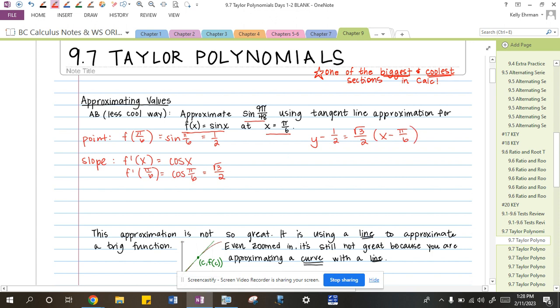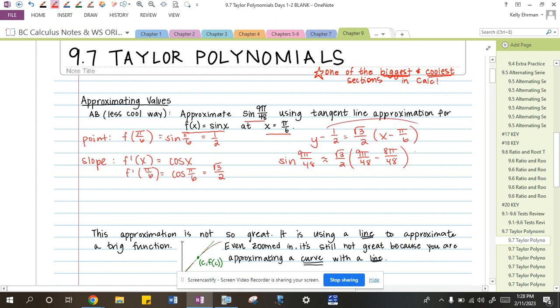And so if we wanted to approximate the sine of 9 pi over 48, we could plug that into this equation. Radical 3 over 2 times, let's make this 9 pi over 48, and then instead of minus pi over 6, we'll just get that common denominator, 8 pi over 48.